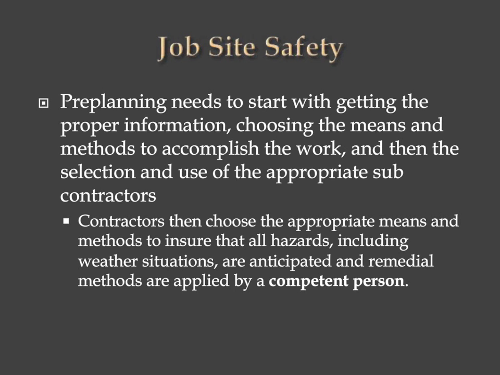Or do you need to have some kind of protection that's available? Then, once you've done all that, you can get the appropriate contractors to do what it is you want them to do. Because the means and methods are how the work's going to be accomplished, and then all those contractors need to know what those hazards are, and so do their workers.